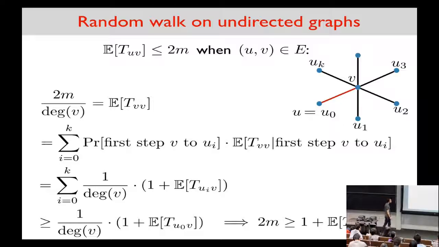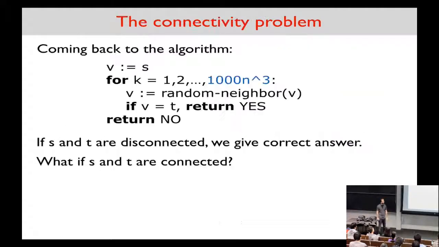So actually we get an upper bound of 2m minus 1 on the expectation of TUV. But we can just forget about the 1 and say it's upper bounded by 2m. It's an interesting proof, so please go over it again in your own time. But now we're in business.